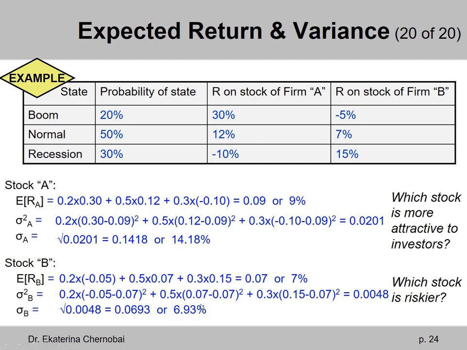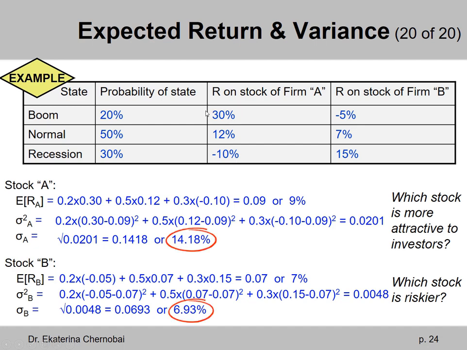Which one is better? It's lower for stock B, which means lower fluctuations in actual returns, which means less uncertainty about what the return may be every year. So the returns are kind of closer together, right? You can almost see it if you look at the table with the given information.